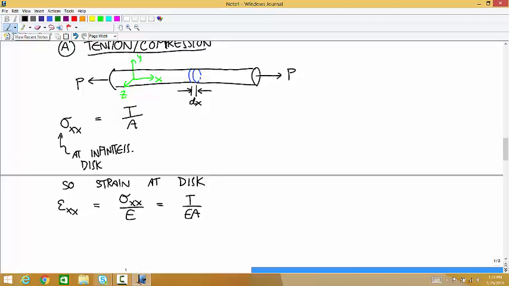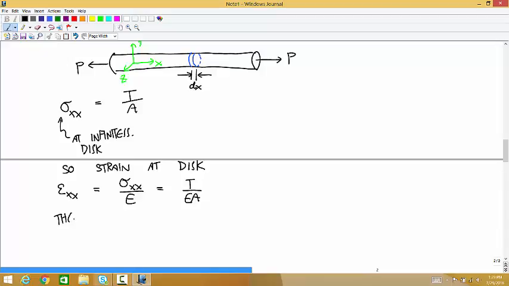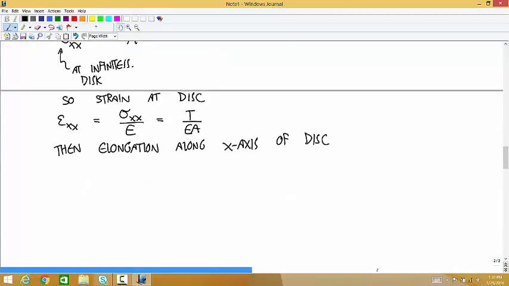And then to find the total macroscopic deformation of the beam, let's keep going in pieces. So then the elongation along the x-axis of the disk, I think that should be with a C. Okay, so what we're talking about here is starting with a disk like this.